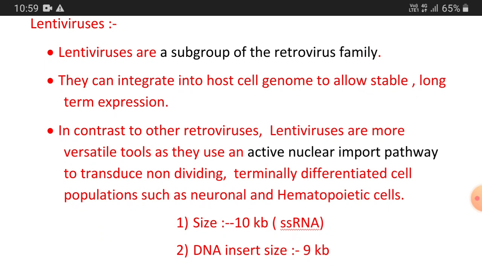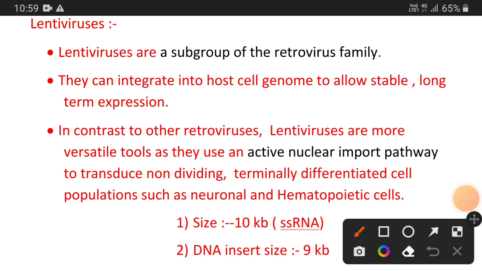Another important thing is that lentivirus also ensures stable expression, because as it is a subgroup of the retrovirus, it also integrates with the host genome. It transduces non-dividing cells and terminally differentiated cell populations, for example neuronal or hematopoietic cells, by a process called the active nuclear import pathway.